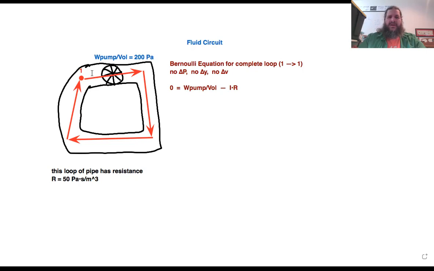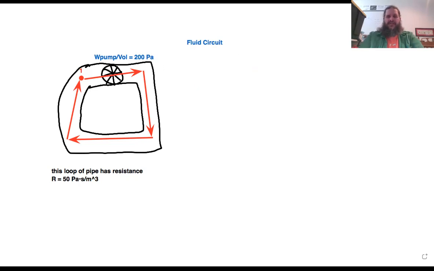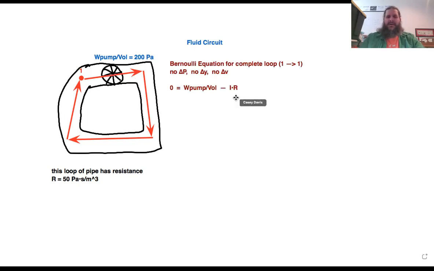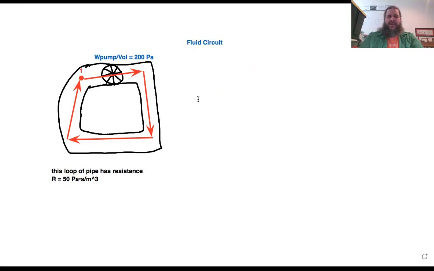In that case, what else can we now solve for in the Bernoulli equation? Current. Yeah, we can isolate current in this equation. Since we know the work density of the pump, that's given, and we know the resistance, that's given. So we could isolate I. And if you isolate I here, what would you get?